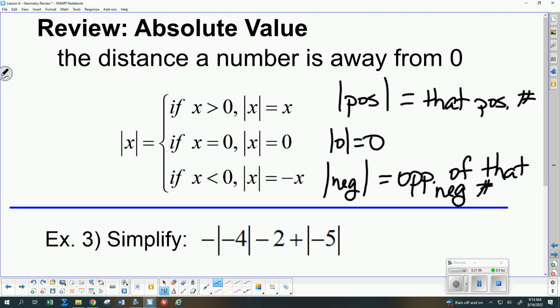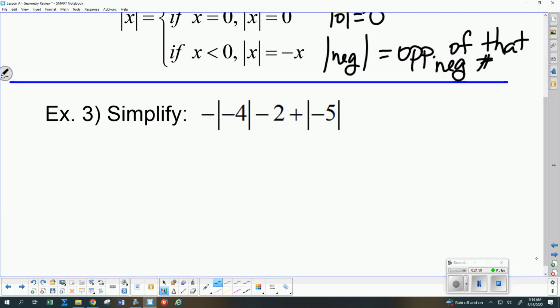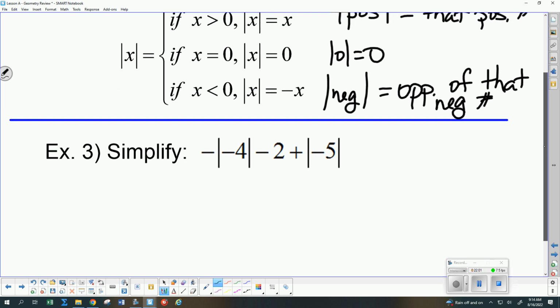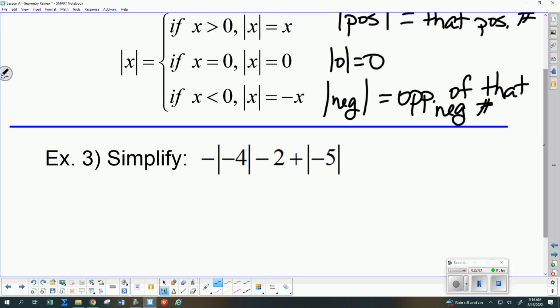And last one for us to do here is one to simplify. So when you have this copied down, go ahead and let's simplify that, and then we'll see what answer or answers we come up with. So when we simplify this, we have this minus sign out in front here.